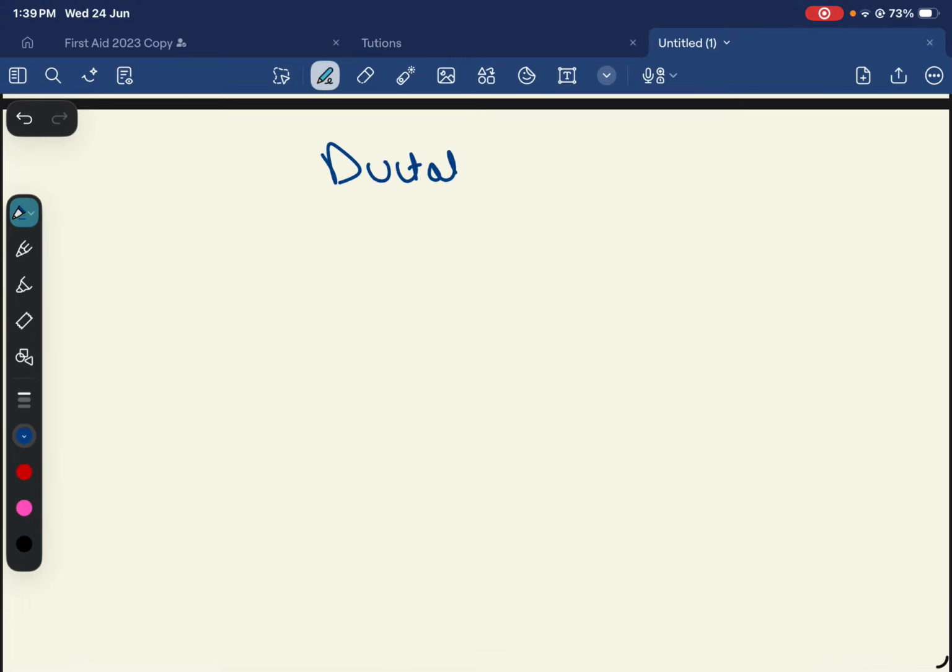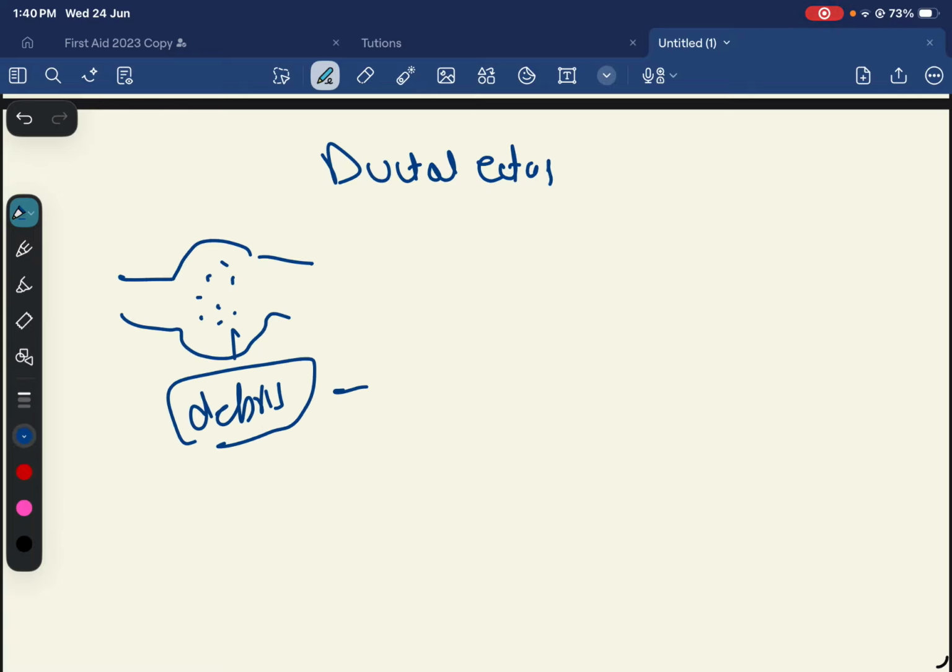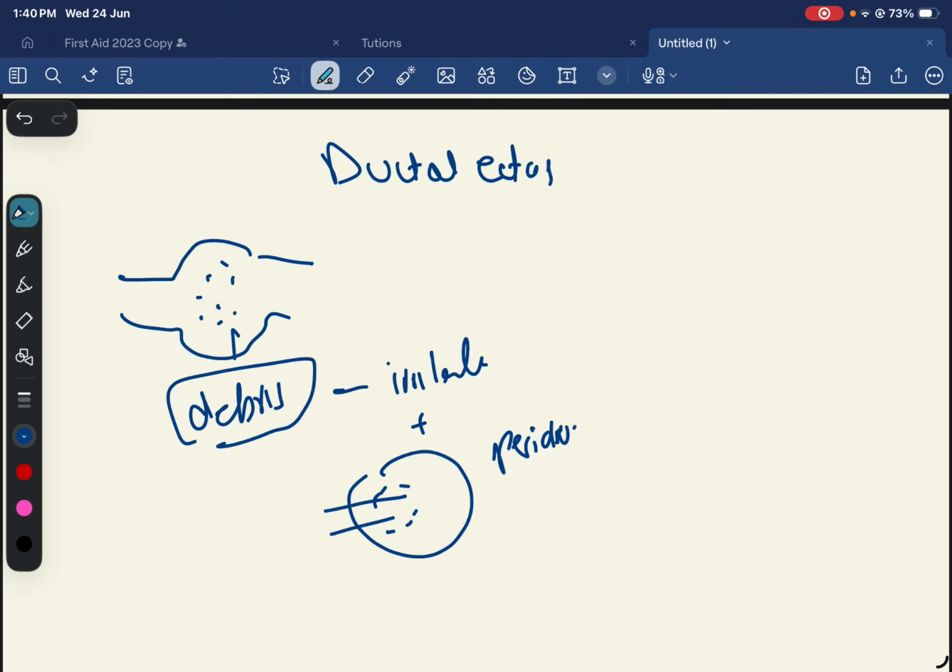Then ductal ectasia basically means that there's going to be dilatation of the duct itself. Because of this dilatation, it is going to be filled with debris, and this debris can act as a source of irritant. It can cause irritation. It can also lead to periductal mastitis, or we can also call it periductal inflammation.